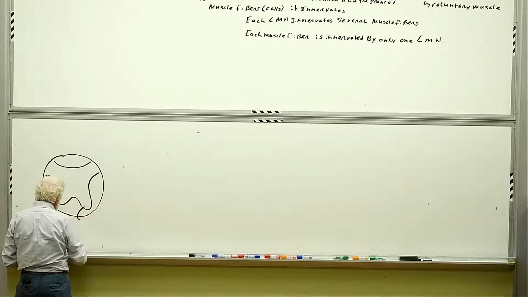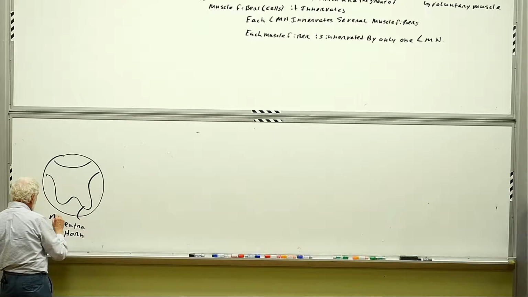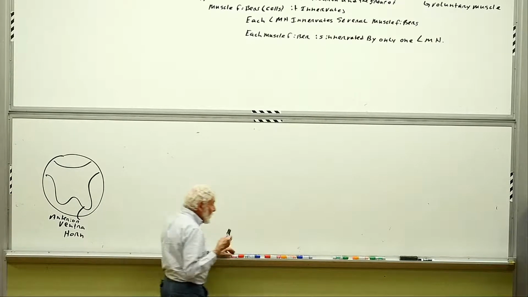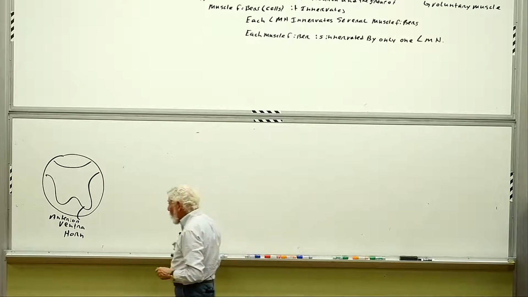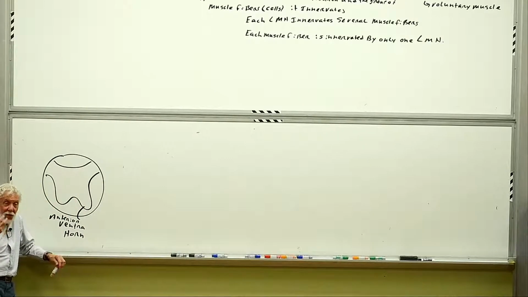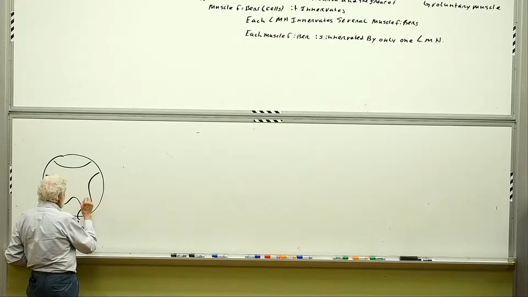And down here in the ventral horn, or the anterior, same thing, we're going to have the cell bodies of the lower motor neurons. One of the ideas here is that all the lower motor neurons have their cell bodies in the ventral horn, the gray matter of the spinal cord. So I'm going to put one in here. I'll show it as a red one.